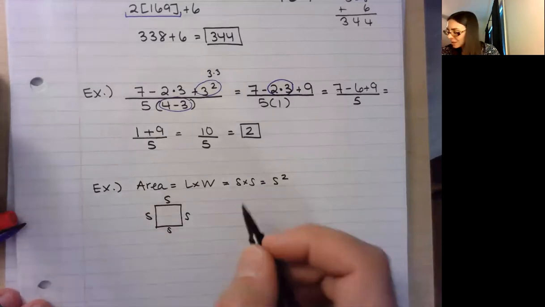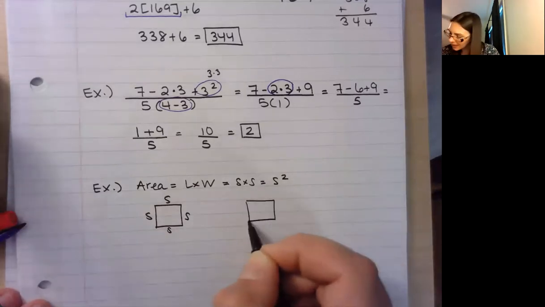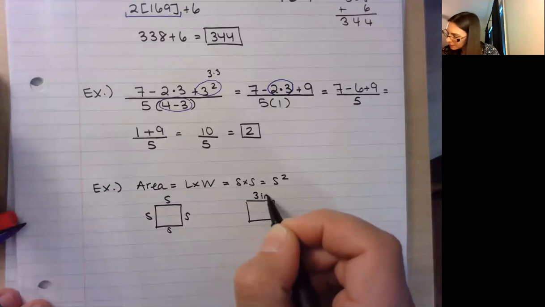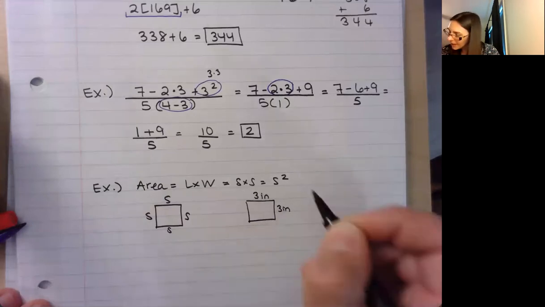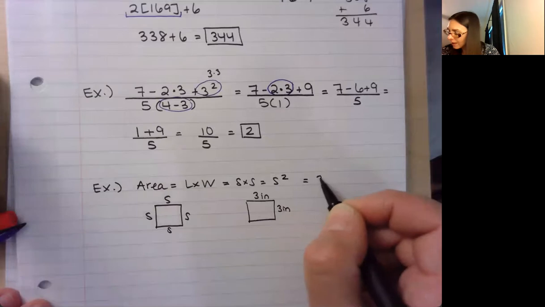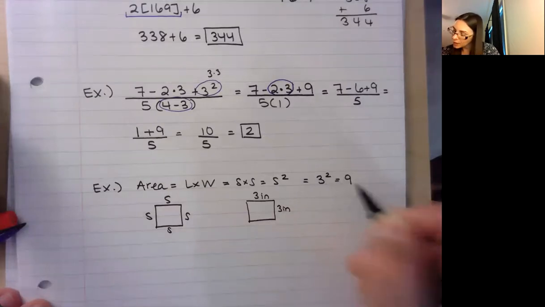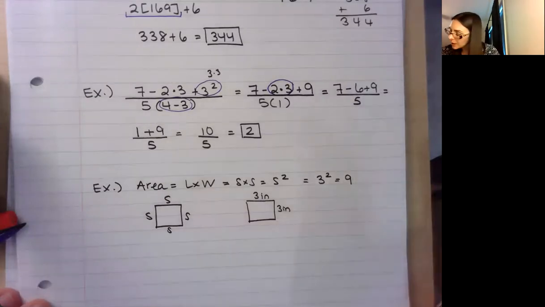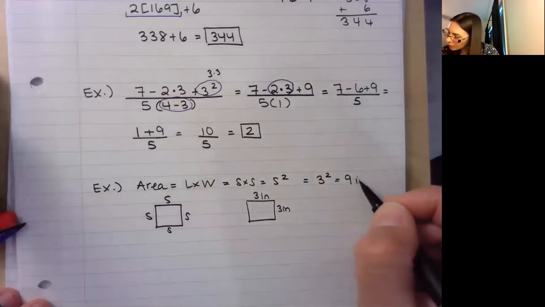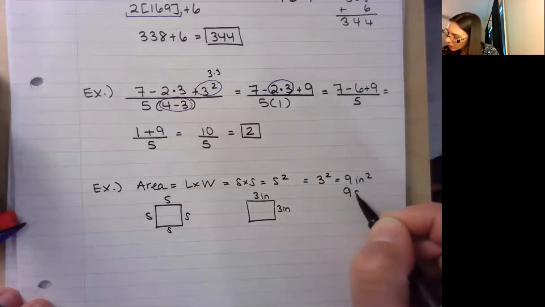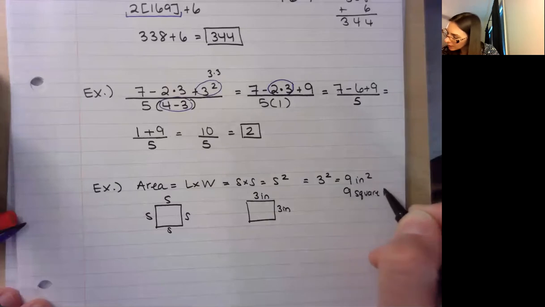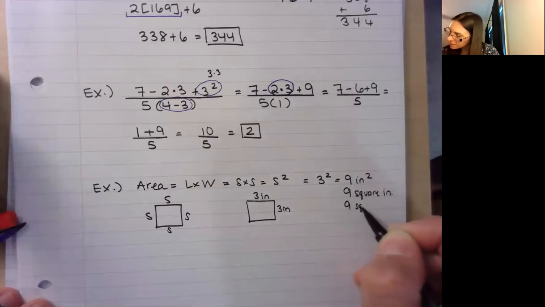So let's say I had a square that had a side of 3 inches all around. Then my area here would be 3 squared, which is 9. And don't forget you are squaring your units as well. So 9 inches squared, or you can write 9 square inches, or 9 sq in.